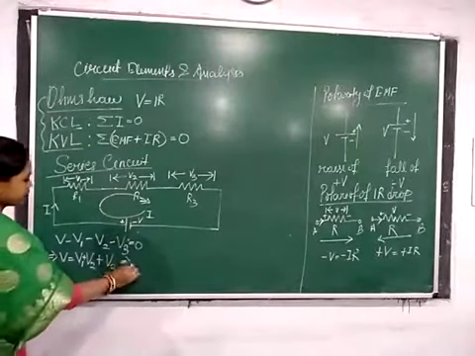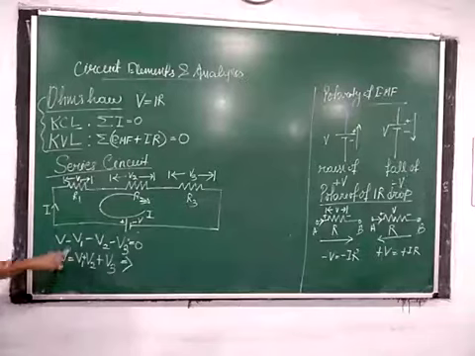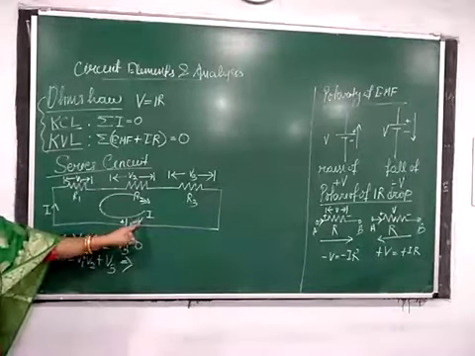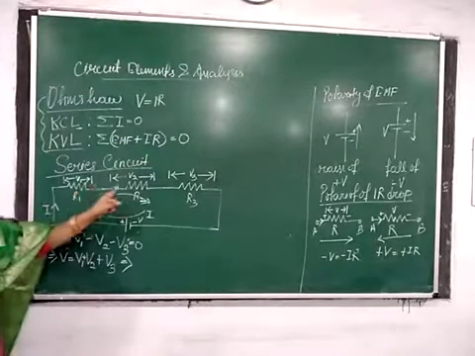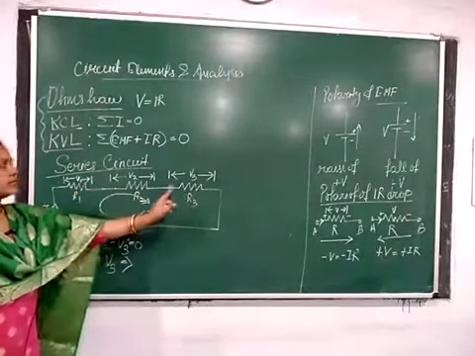Now what is V? This V is the total current, or resulting current, into the total resistance of this circuit.